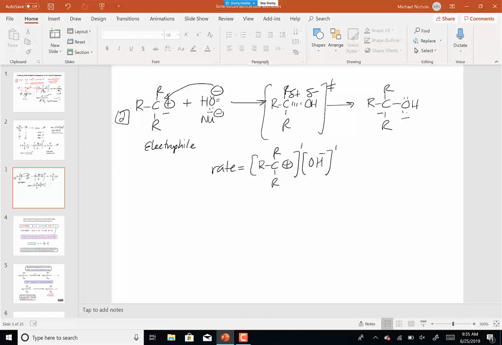Now you might say, well, how do you measure the concentration of the carbocation? Well, the carbocation basically comes from the original alkyl halide molecule, so I'd have to do a substitution on that. But what's critical here is that this mechanistic step has the hydroxide in the rate equation. So I've just written 2 steps.